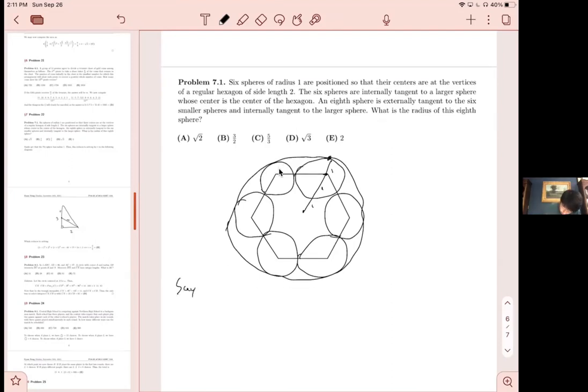So we say, without loss of generality, the 8th sphere is centered at 0, 0, z. So it's straight up from the origin, which we let be the center of the hexagon.